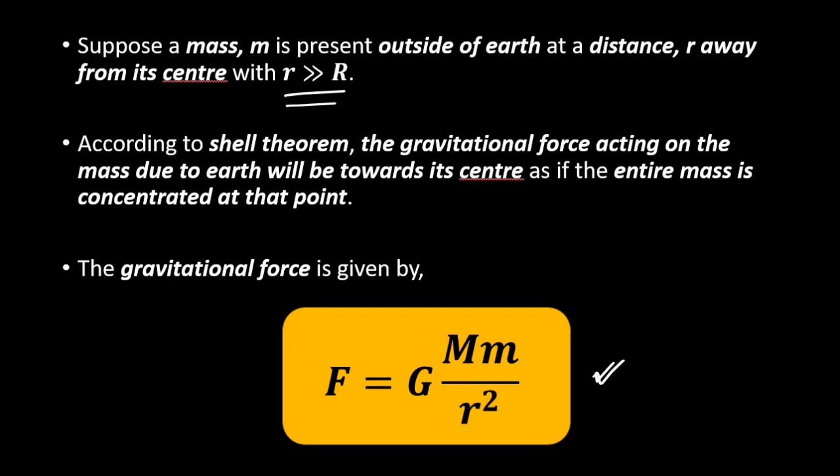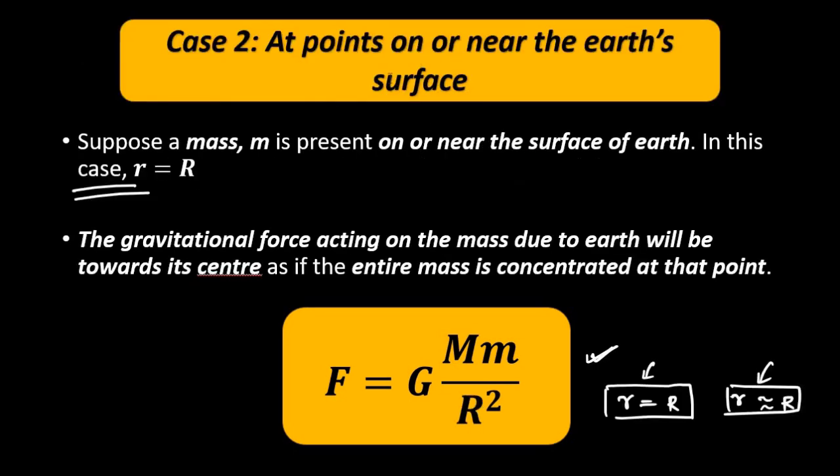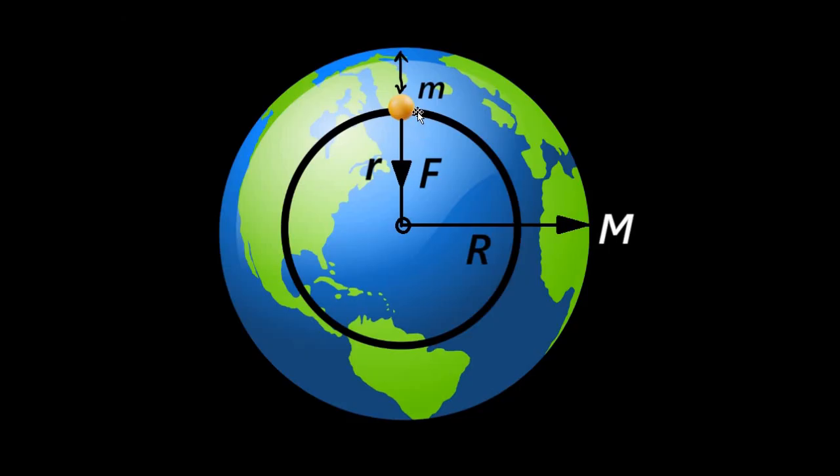Second, at points on or near the surface of the Earth, the separation distance is either equal to or almost equal to the radius of the Earth. In that case, this is the expression of the gravitational force. And when the point mass is inside or below the surface of the Earth, the gravitational force is exerted by only the inner portion which lies interior to this point mass, and in that case the gravitational force acting on the point mass is this much.